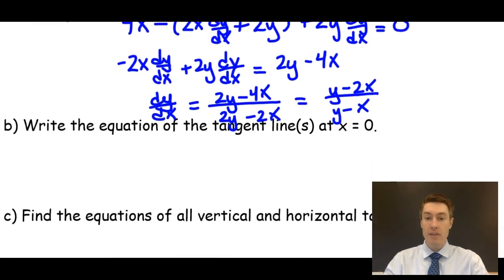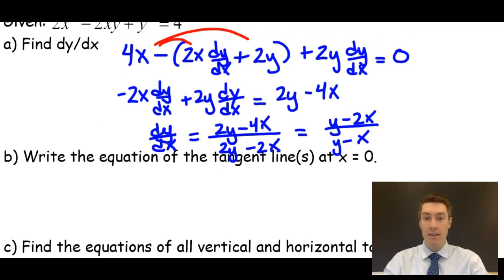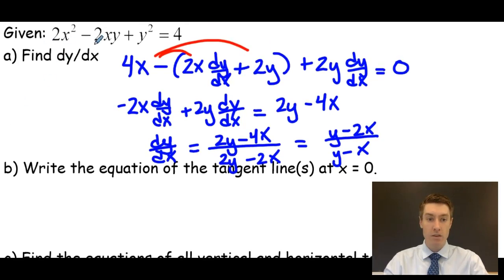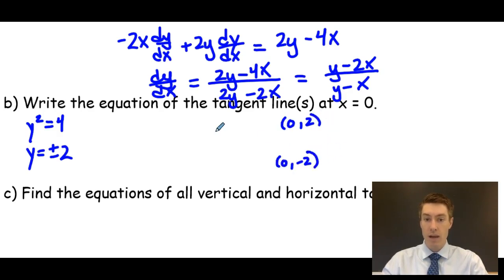Write the equation of the tangent lines at x equals 0. So again, we need a point and a slope. So we'll plug 0 in for x. So that's just going to be y squared equals 4. So y equals plus or minus 2. So we have (0, 2) and (0, negative 2) as our points. So what is the slope at (0, 2)?